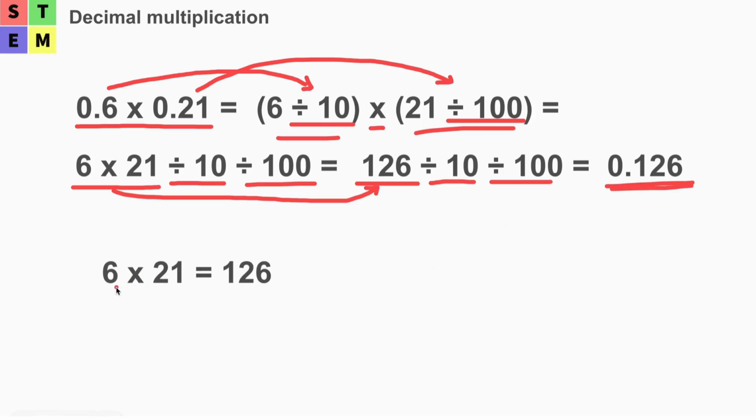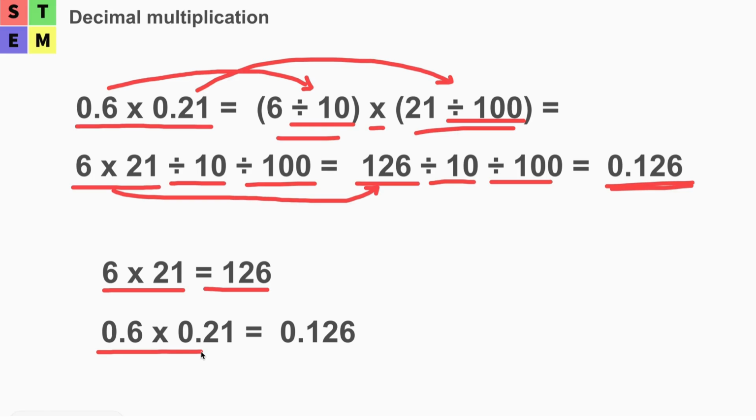We have 6 times 21 equals 126. And we have here 0.6 times 0.21 equals 0.126.